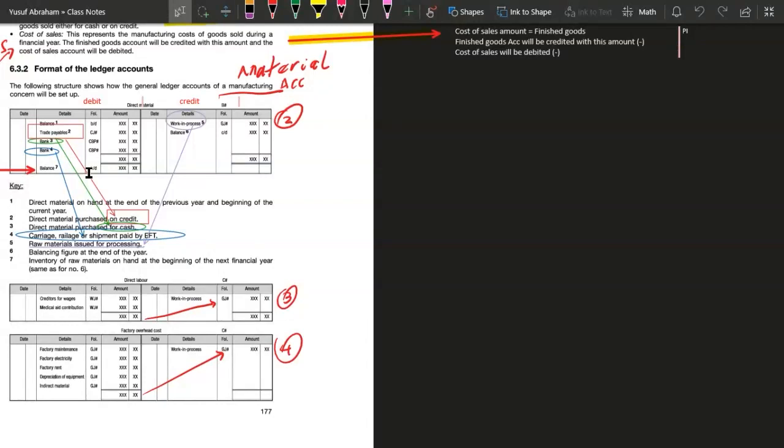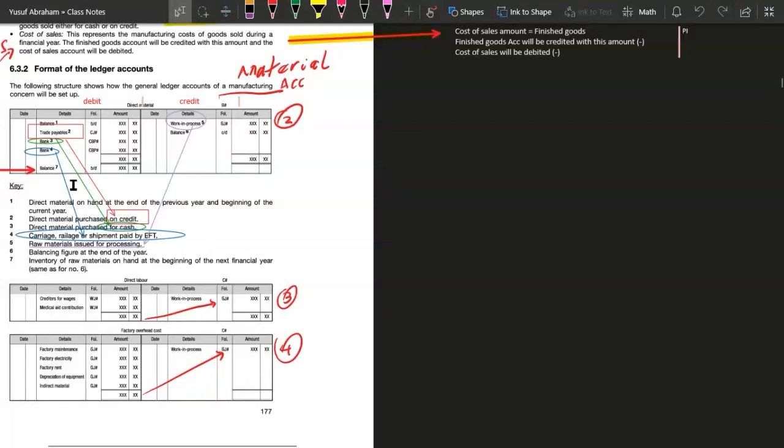Let's say the total of the material we have is 10 rand, but there is 2 rand worth of material that we are not going to use this year. So the actual material that will be sent to the production will be 10 minus 2 that we are not going to use. 8 will go to the actual production. So that's the meaning of balancing those.